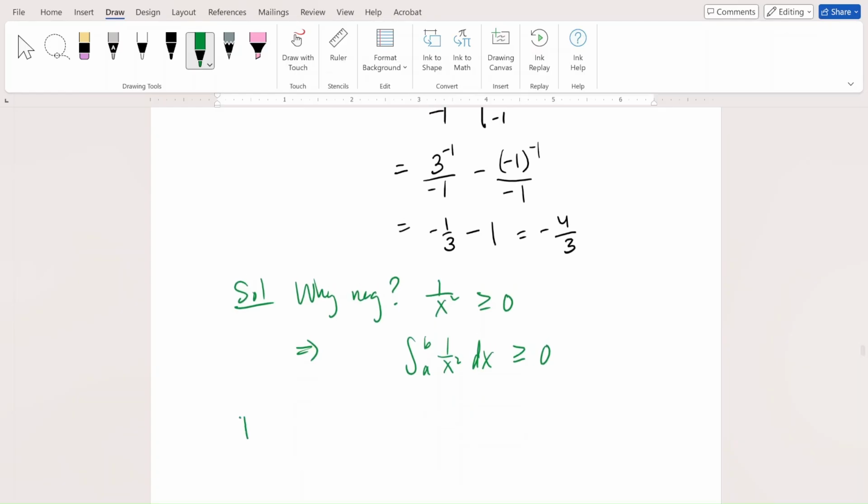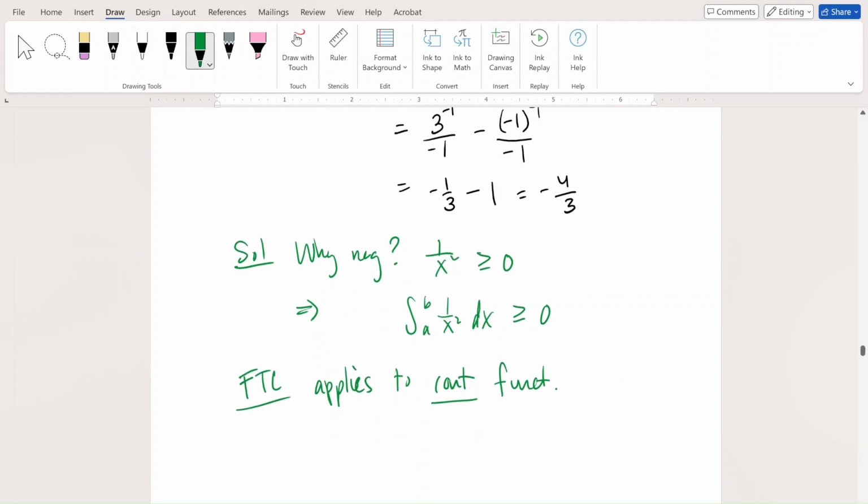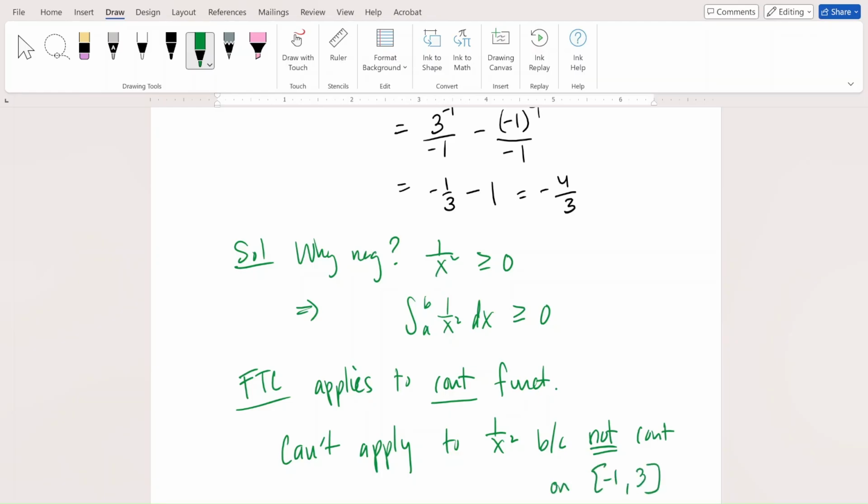Not only that, when we talk about the fundamental theorem of calculus, it applies to continuous functions. That's why in the first few examples, I pointed that out. So you can't apply this to 1 over x squared because it's not continuous on the interval from -1 to 3 that you were trying to integrate over.